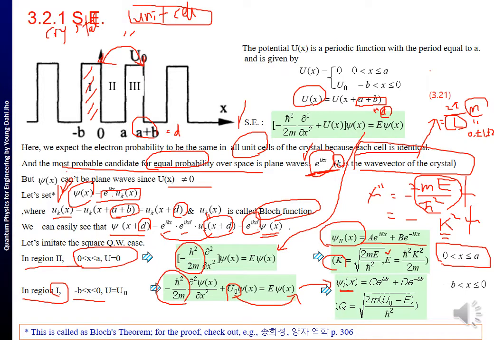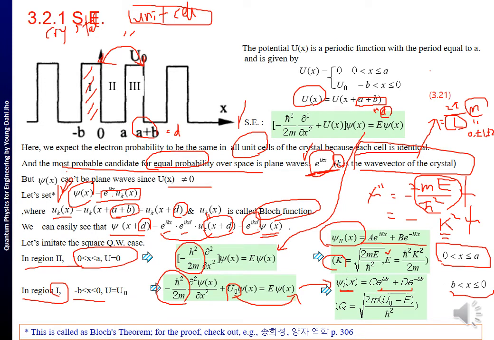Previously, in the case of the finite barrier problem with a single quantum well, we sometimes ignored one of these terms, as you remember, because x goes to infinity. But here x doesn't go to infinity or minus infinity. It's a finite range, so we should have both terms now. That's the difference.